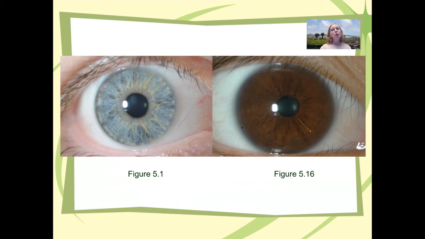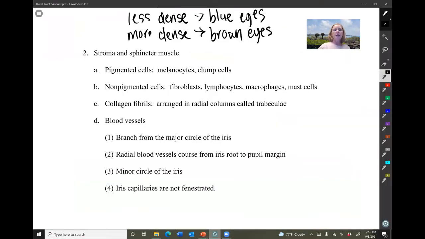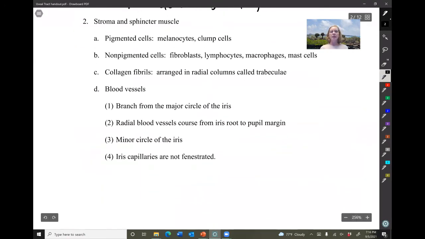It appears more smooth than the lighter irides. But those are the collagen fibers of the iris. In addition to collagen fibers, you will also find blood vessels within the stroma.